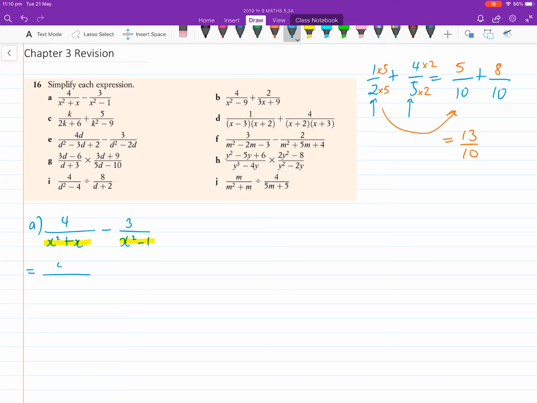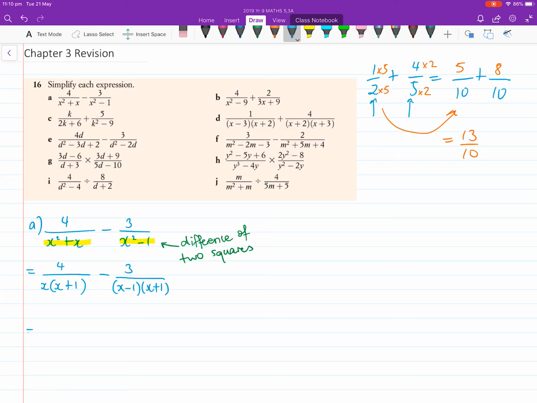So can you see here, I could factorize out an x in the bottom and I'd be left with x plus 1. And on this side, you should recognize that this is a difference of 2 squares, right? Because it's x squared minus 1. So we should be able to factorize this as x minus 1, x plus 1.